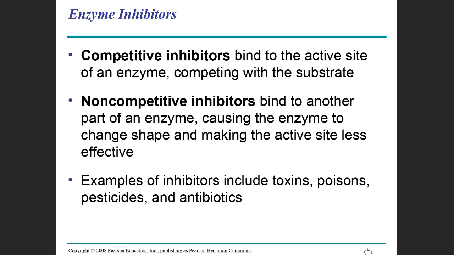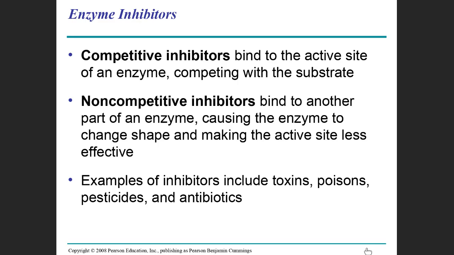So competitive inhibition is a concept that we humans have learned to exploit. We can use this natural concept to treat bacterial infections, for example. There are certain critical metabolic pathways that bacteria have that humans do not.